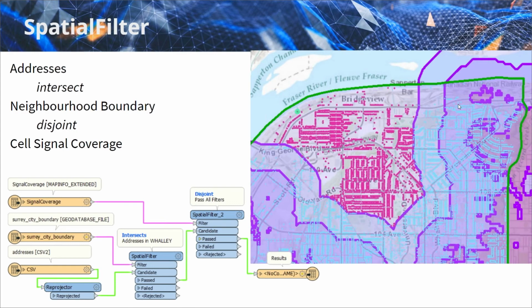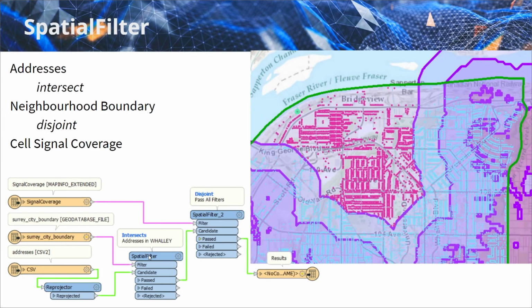And what we want to know is what customers aren't going to be covered by the existing towers that are there. And so the green boundary is an area of interest. So that's the first spatial filter for the neighborhood of Whalley.